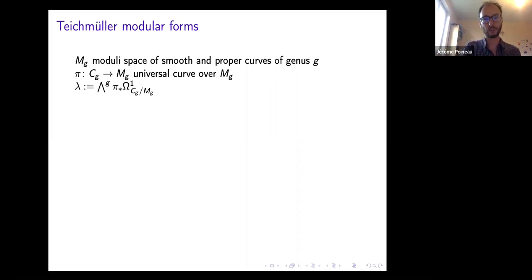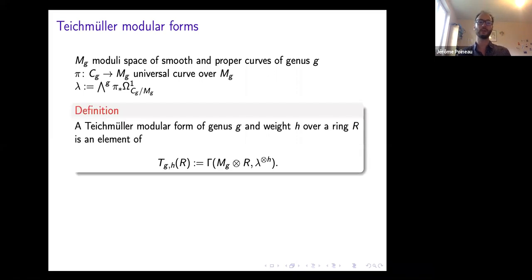So this is a line bundle. And we can define Teichmüller modular forms to be global sections over MG of this line bundle, or maybe some tensor powers of the line bundle, if you want to put weights.